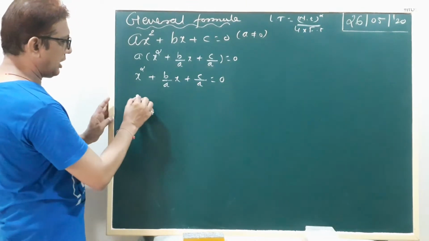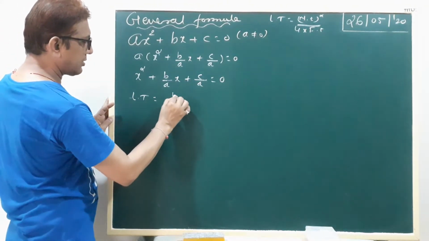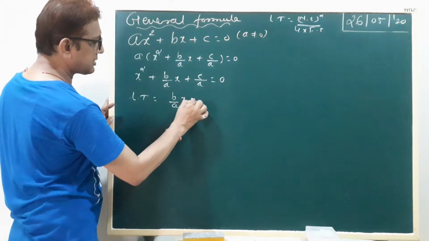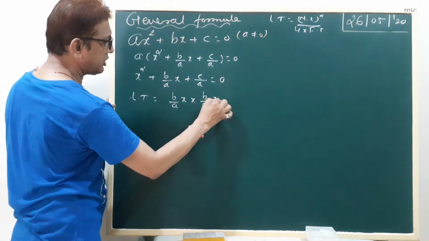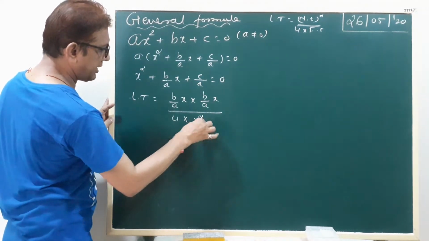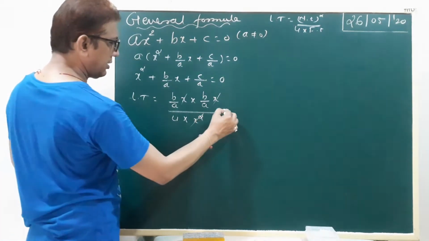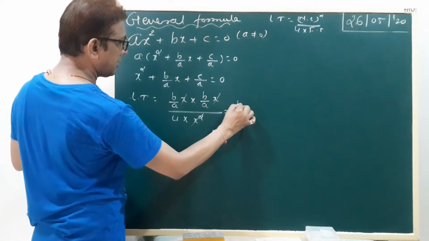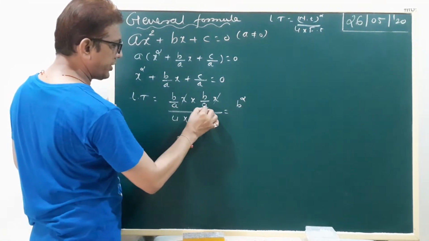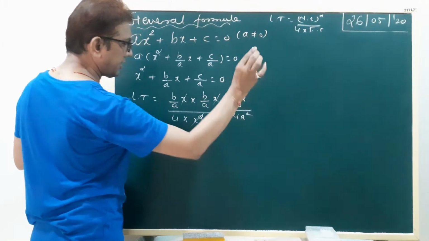Okay? Now we find the last term. Last term equals middle term square upon 4 into first term. So b upon a into x multiplied by b upon a into x, upon 4 into first term x square. X square cancels. So our last term is b square in the numerator and a into a, a square, in the denominator, so 4a square.